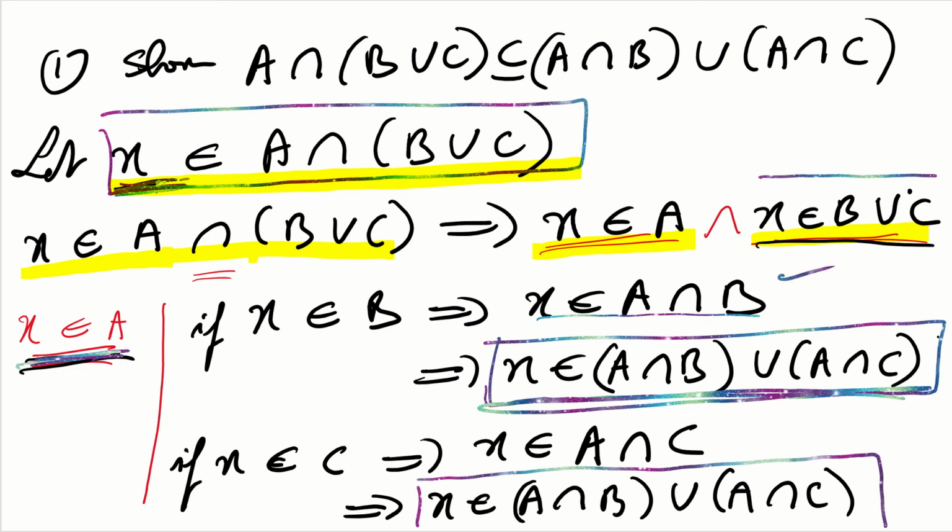Because if this is true, you can do the union of A intersection B with any set, and it is still going to be true. Now you pick the second case. If x is in C and x is already in A, again we can have x in A intersection C. This implies x in A intersection B union A intersection C. So we are done with this proof.